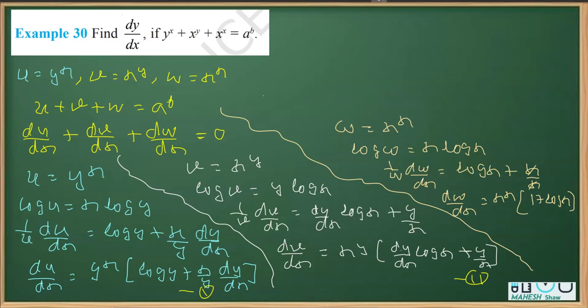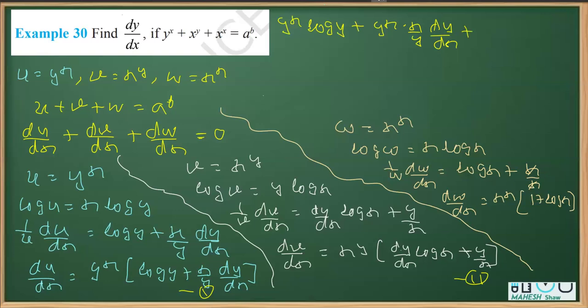If I open the bracket simultaneously, it is y raised to the power x times log y plus y raised to the power x times x over y dy by dx.